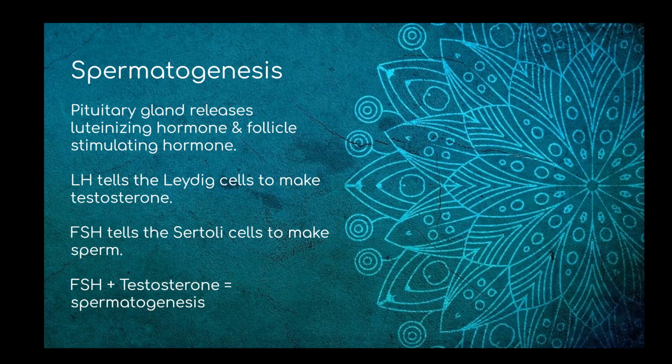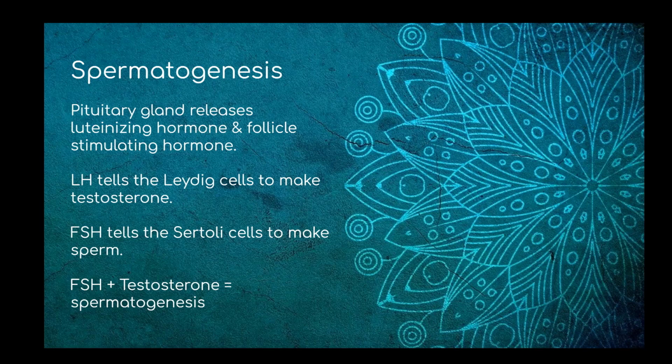Well, first off, the pituitary gland is going to release luteinizing hormone and follicle stimulating hormone. So those probably sound familiar from GYN class, right? And the luteinizing hormone is going to tell the Leydig cells, remember the Leydig cells are responsible for testosterone, to make some testosterone. So luteinizing hormone, L, goes with the Leydig cells, L's, so we got 2 L's there, to make that testosterone.